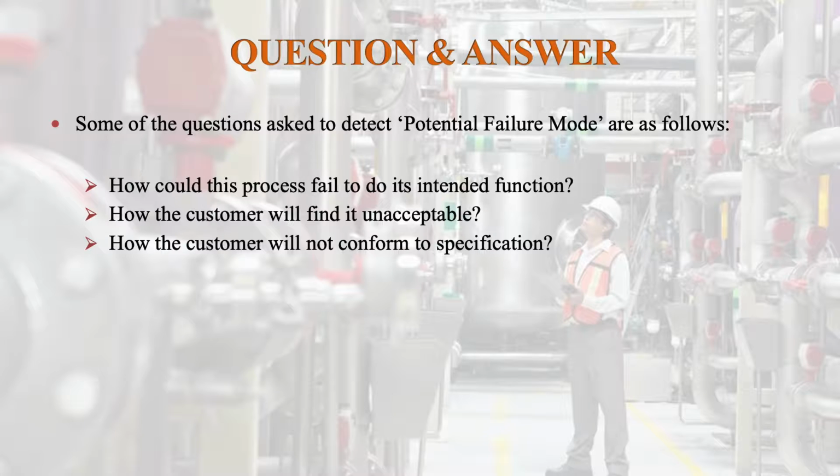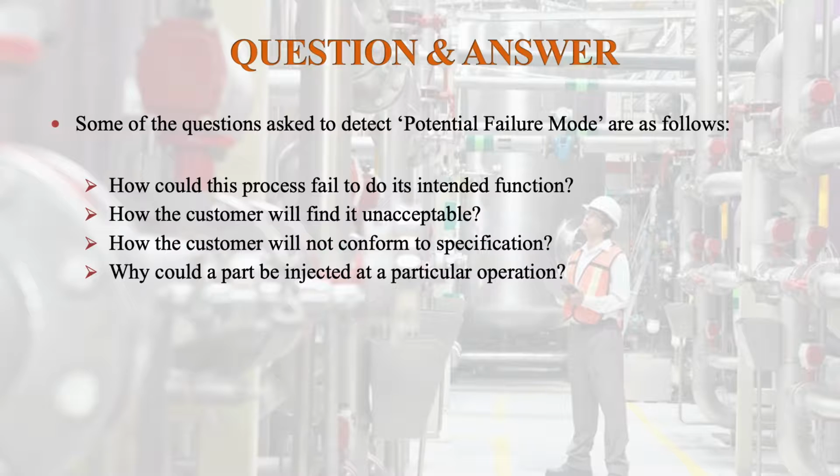Like that, everybody should ask some questions so that he can get some idea from the customers, and then incorporate it in the design intent. How will the customer find it not conforming to specifications? Why could a part be rejected at a particular operation? These are the various questions one has to ask while performing a failure mode analysis to find out the potential failure modes.